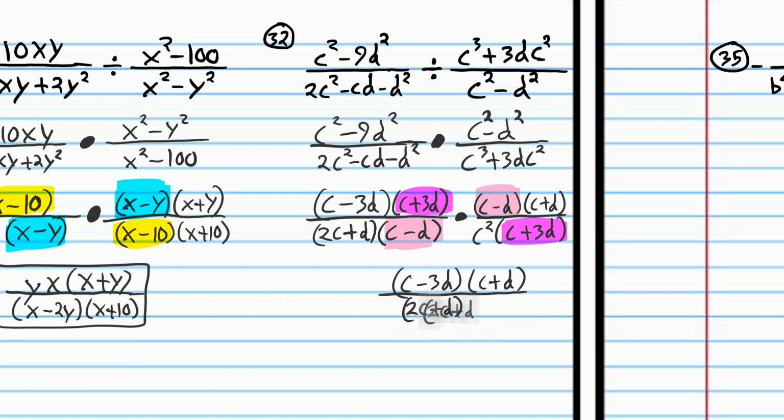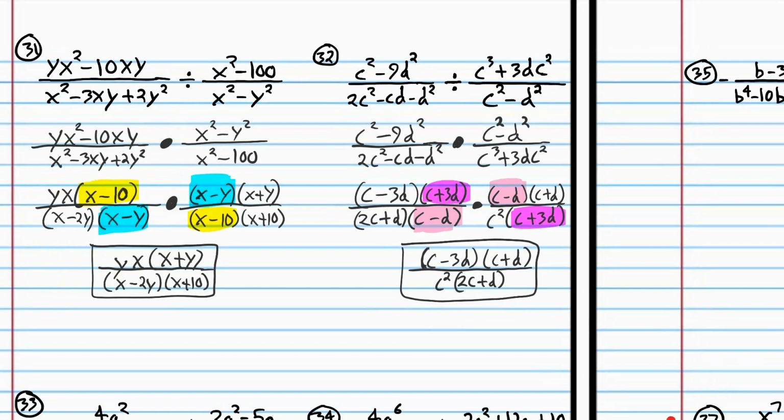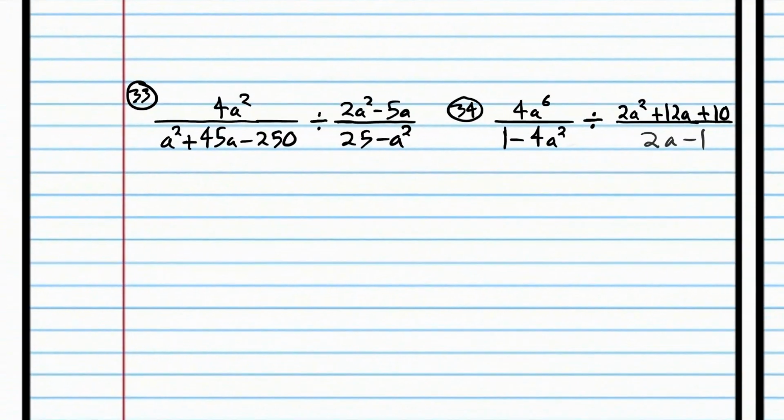And again, it's customary to put the monomial on the left, although technically you don't have to. So we got that answer. Good job. So let's just double check everything. Everything looks right. On to 33.